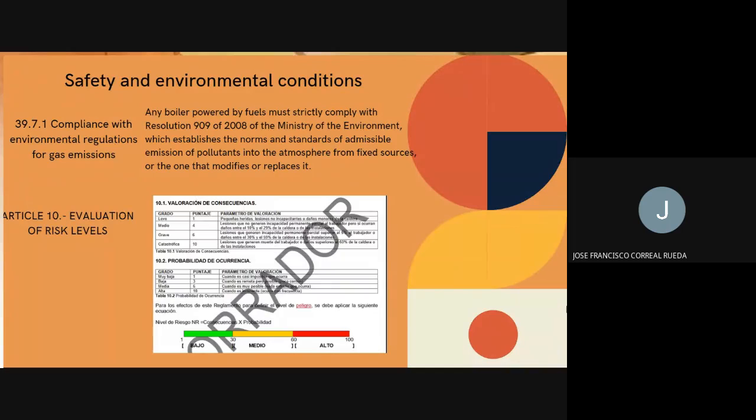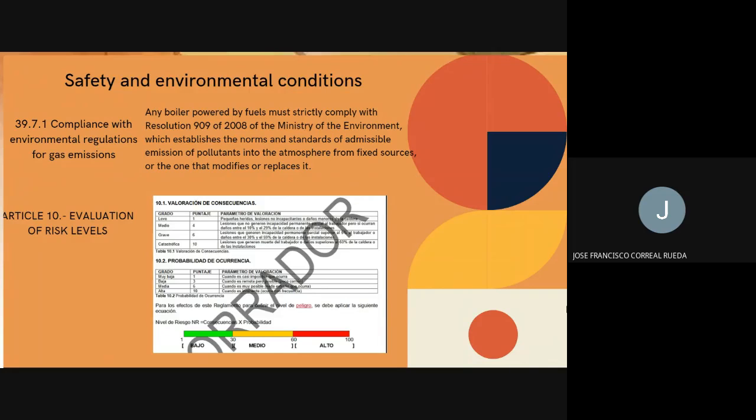And the second part is about the safety and environmental conditions. Any boiler that burns fuels must comply with resolution 909 of 2008 of the Ministry of Environment, which established the norms and standards of admissible emission of pollutants into the atmosphere, or the one that modified or replaced it.